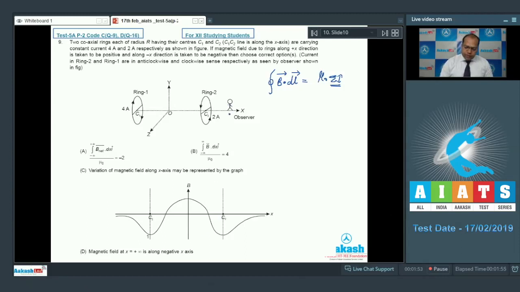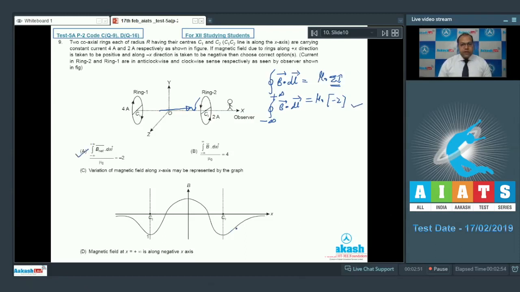So with respect to this observer, if I take the positive direction of the magnetic field in this direction, then the positive direction of current is anti-clockwise, because due to anti-clockwise current, as per this observer, magnetic field comes along the positive x-axis. So we can say that the value of summation I is 2 minus 4, so that is minus 2. And this is equal to the line integration from minus infinity to plus infinity of B dot dl. So as per this relation, option A is correct and B is wrong.